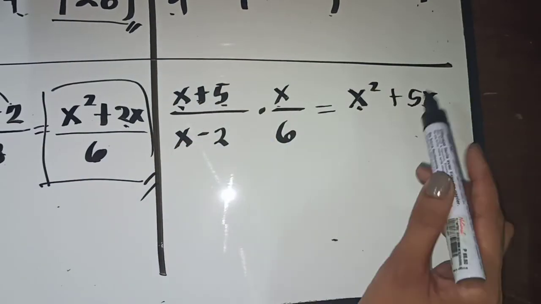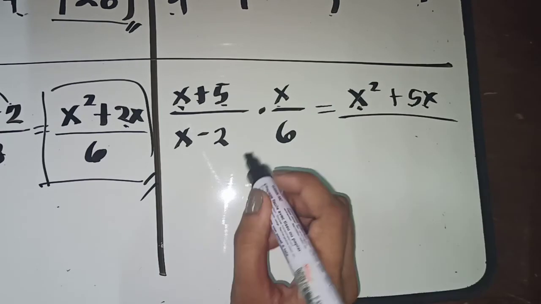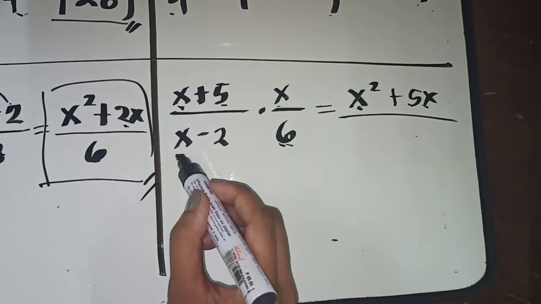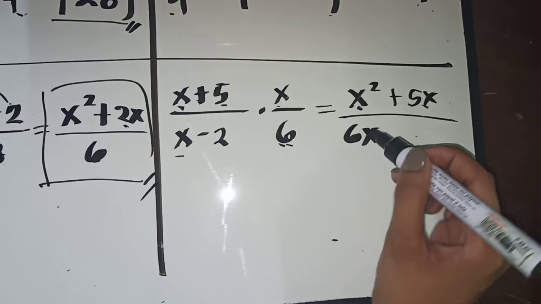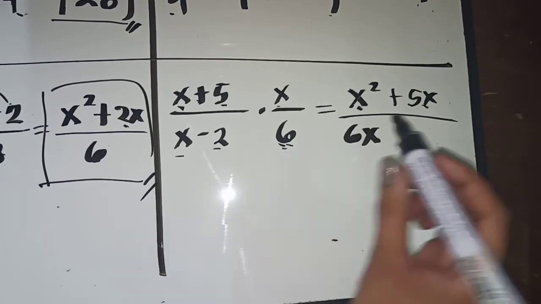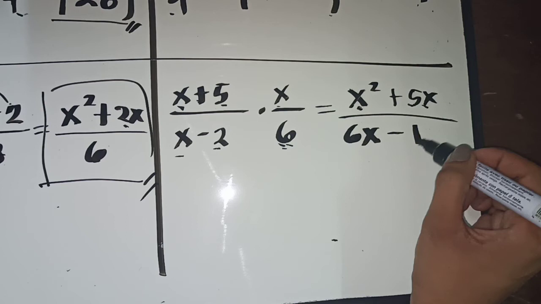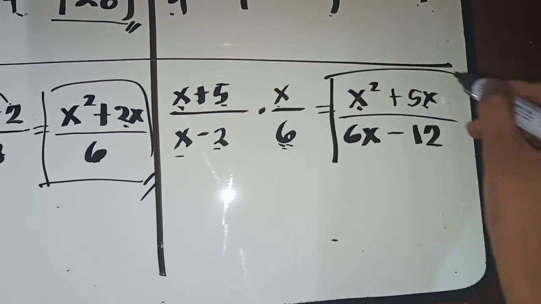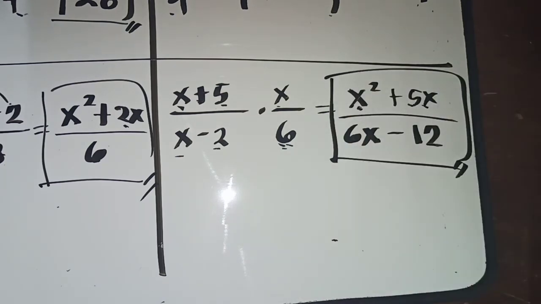Operation is addition. Okay, so over x minus 2 multiplied by 6. So 6 multiplied by x is 6x. And 6 multiplied by negative 2 is negative 12. So wala na akong pwedeng i-simplify dito. Therefore, this is the final answer.